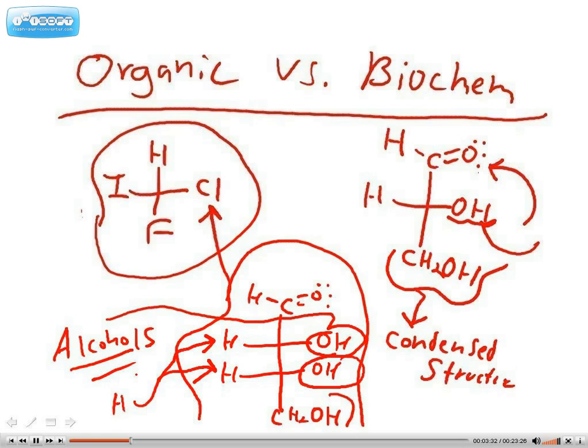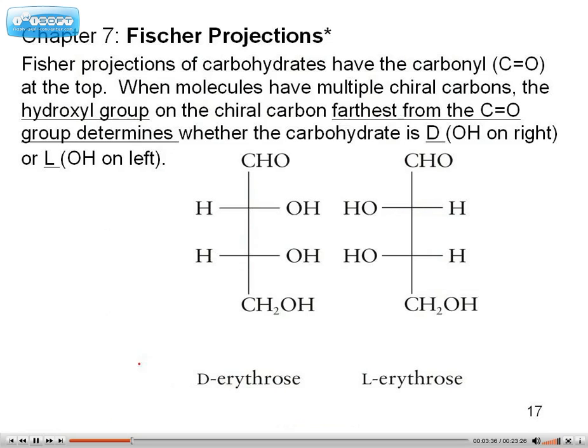So, going back to our Fischer projection, in this slide we see biomolecules with 2 chirocarbons. Again, chirocarbons we define as any carbon with 4 different groups attached. So in this case, here we have 1 and 2.